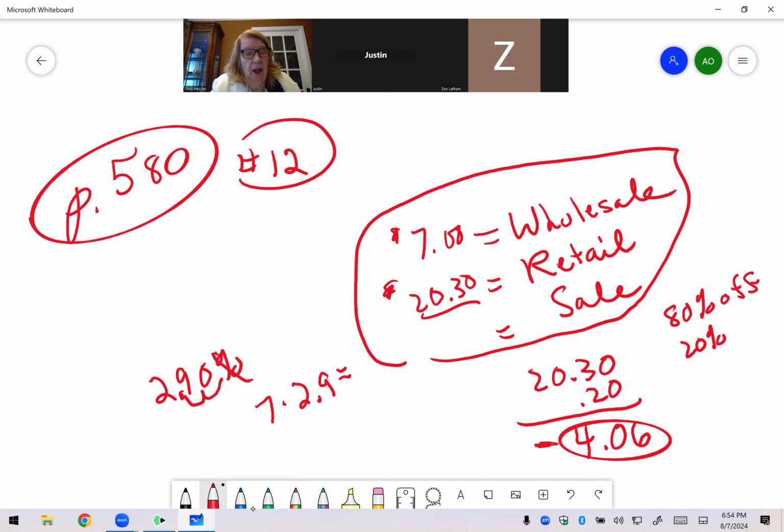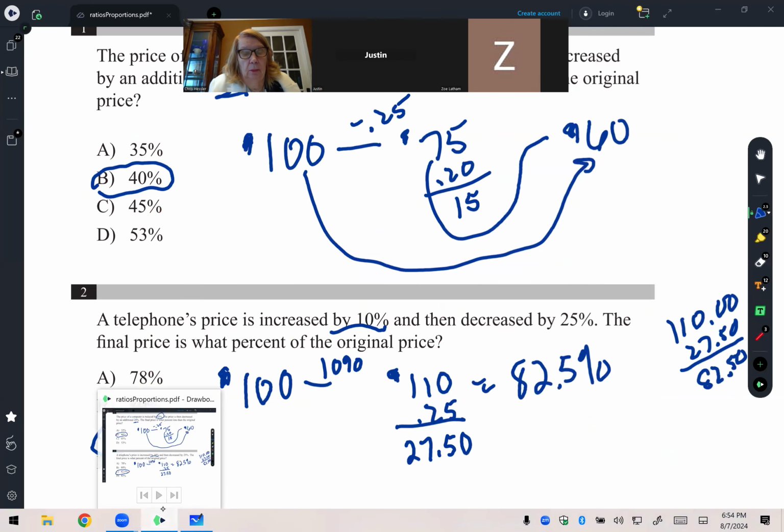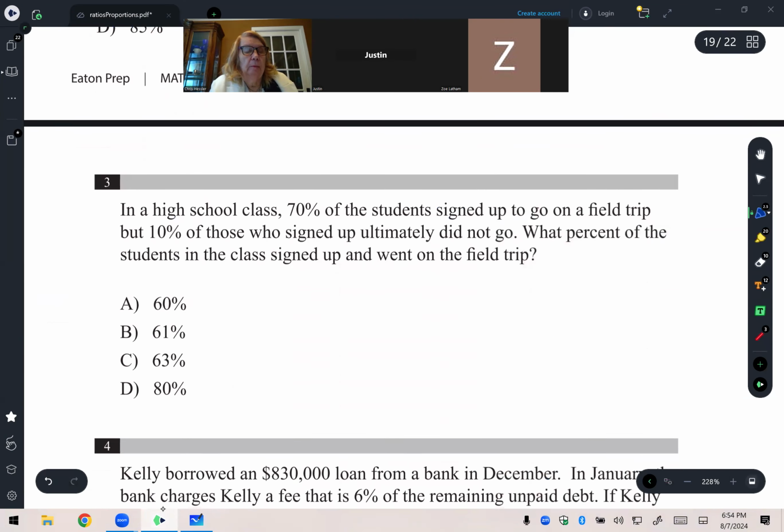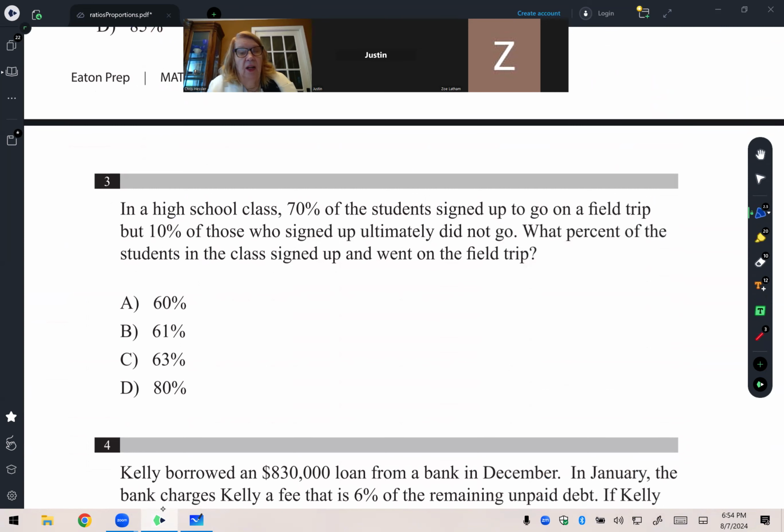Okay, we're back in the packet. In a high school class, we're just going to say there are 100 people. 70% decide to go on a field trip, so that's 70.